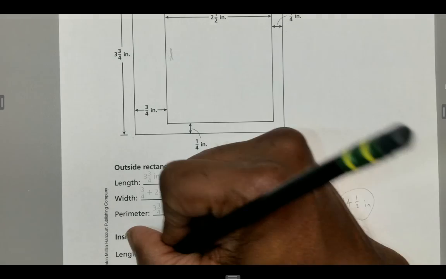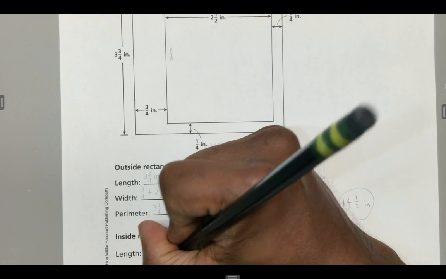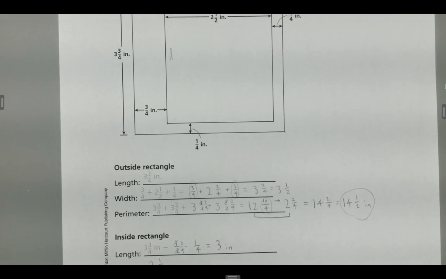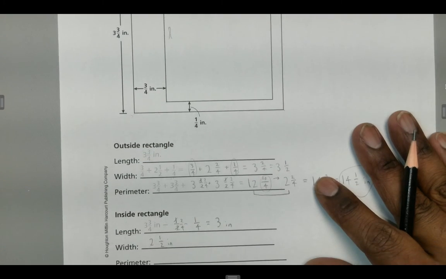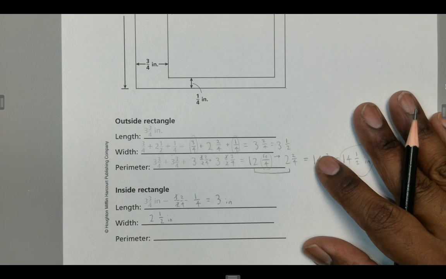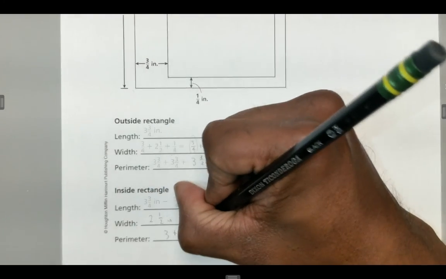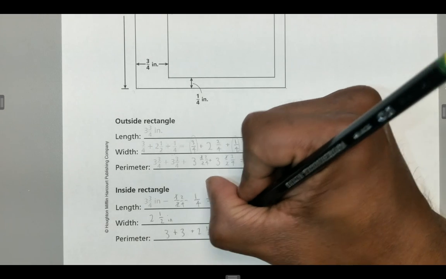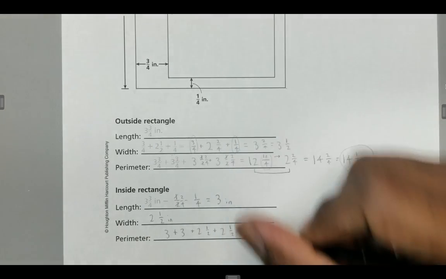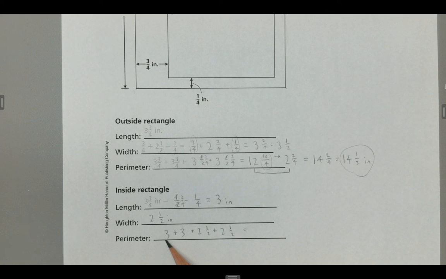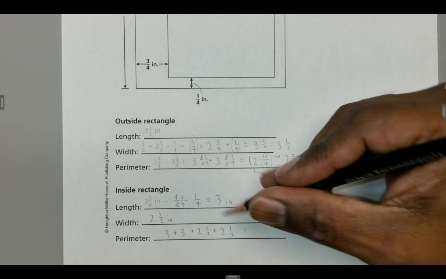Our width, as we said, has already been given to us, 2.5 inches. Let's put that all together. 3 plus 3 plus 2.5 plus 2.5. Let's do whole numbers first. 3 and 3 is 6, and 2 is 8, and 2 is 10.